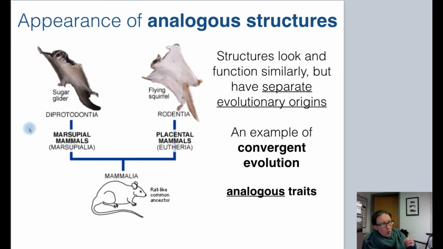Well, what we think has happened is, when organisms have structures that look and function similarly, but all the rest of the evidence suggests that those structures have separate evolutionary origins, then what we think has happened in those cases is what's called convergent evolution.